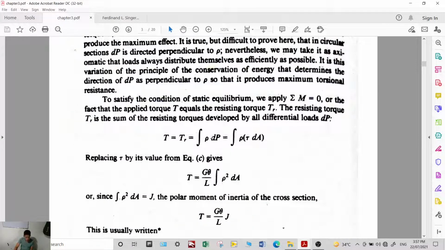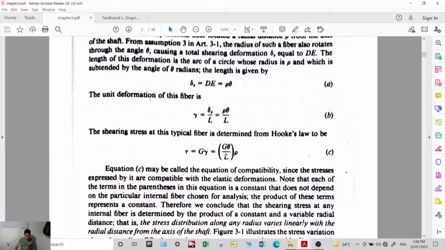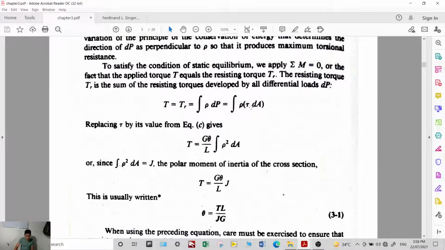And then, we can get the value of the torque, which is equal to, okay, G theta over L. Dito nigikan sa equation C, this one, G theta over L. Kaya we replace the shearing stress by the equation C. Okay? So, naa may rho nga isa dito, mo nang nahimo niya rho squared times dA. Again, kani is constant, so paggawas ra nato ni.